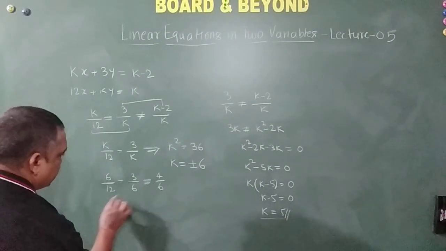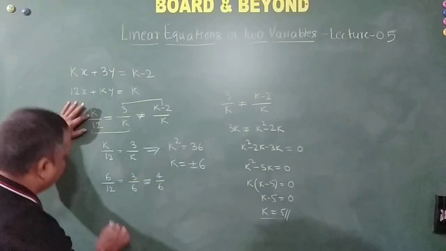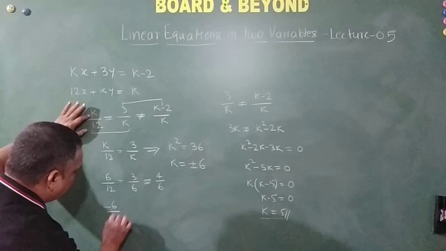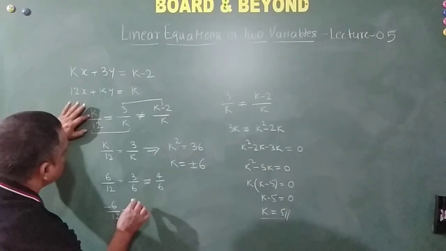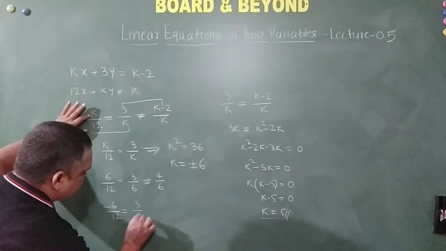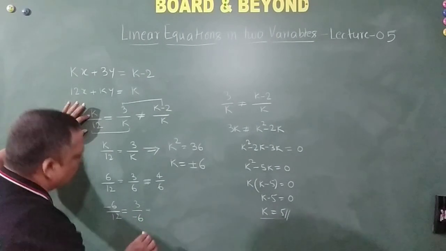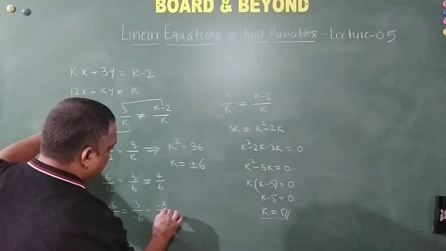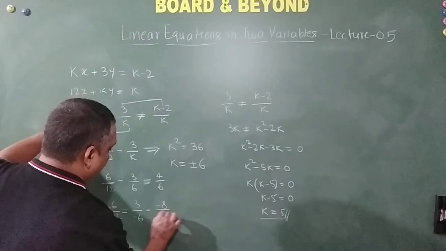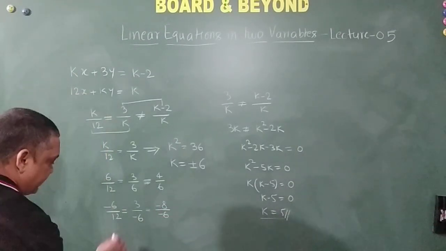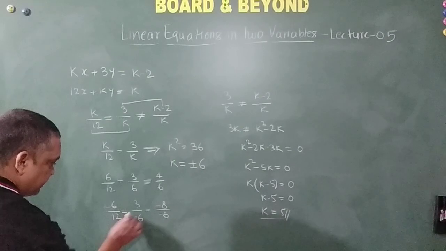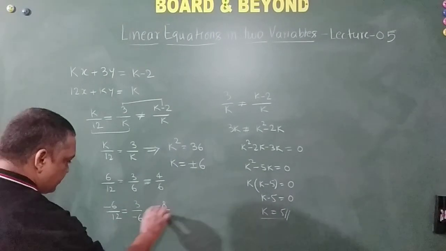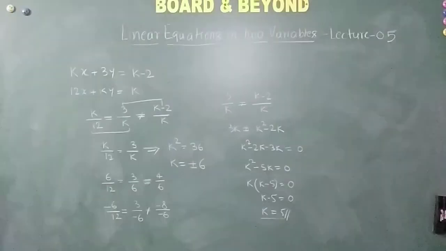And k is equal to minus 6. If I take this, it becomes minus 6 by 12 is equal to 3 divided by minus 6 is equal to minus 8 divided by k, that is minus 6. Now you see, my friends, this is minus half, this is minus half, but this is not minus half, right?